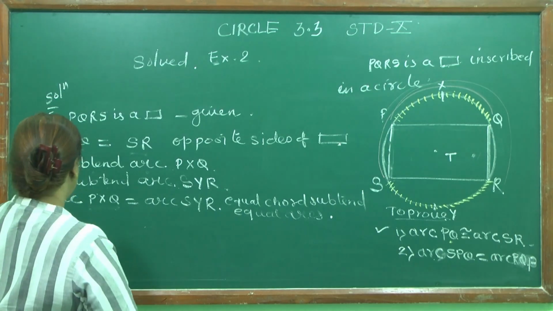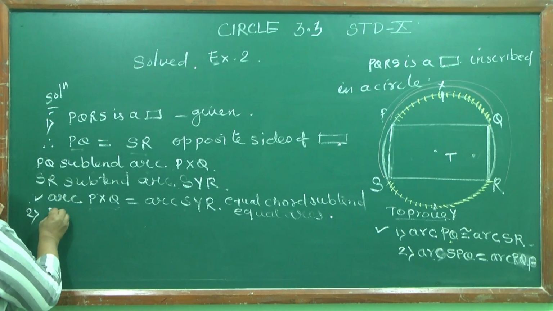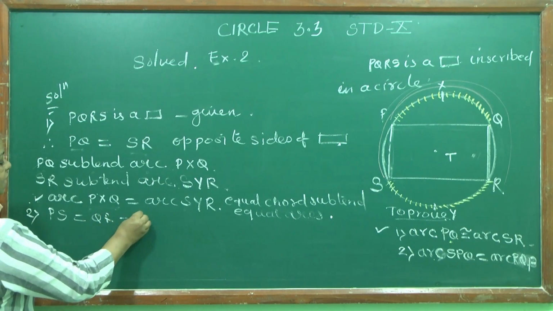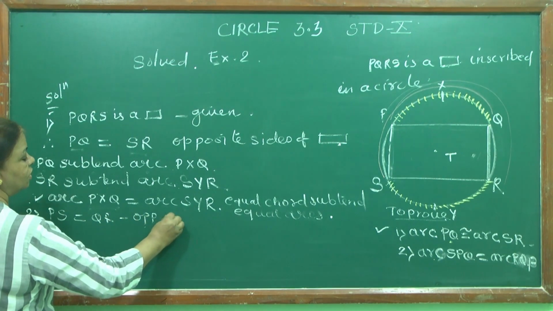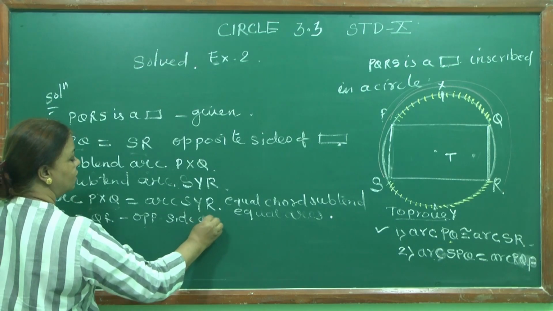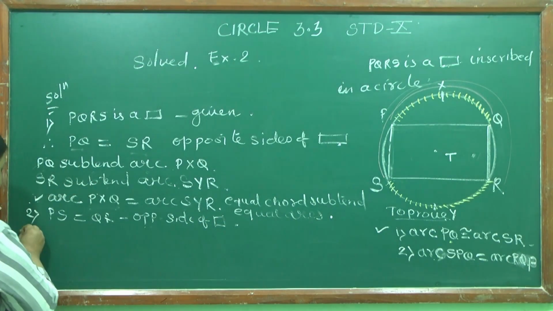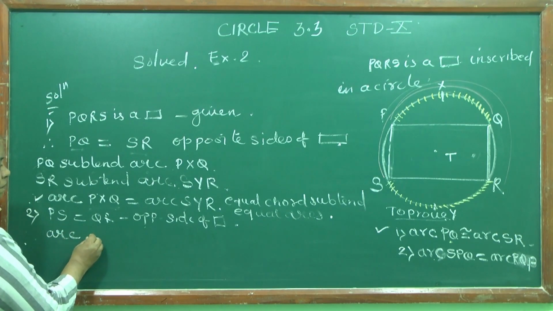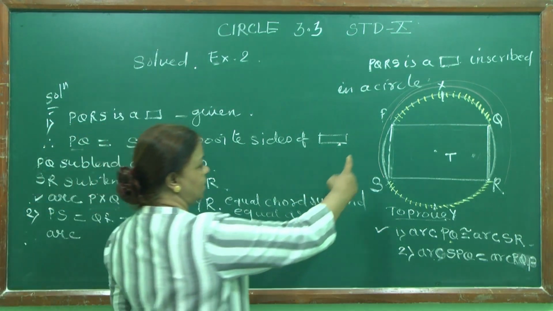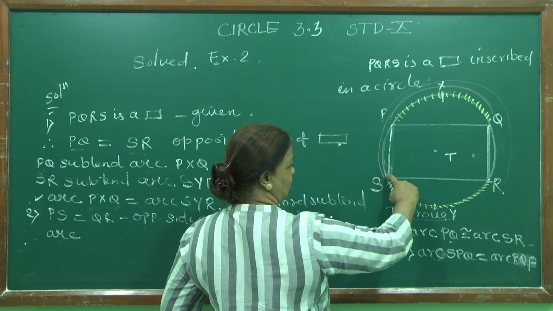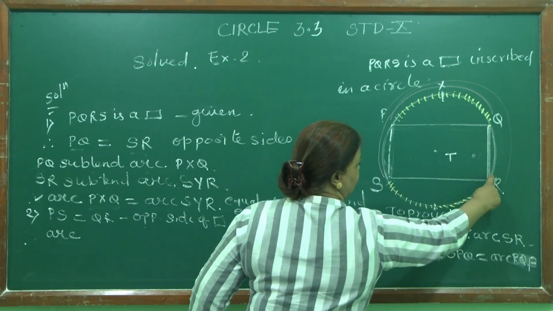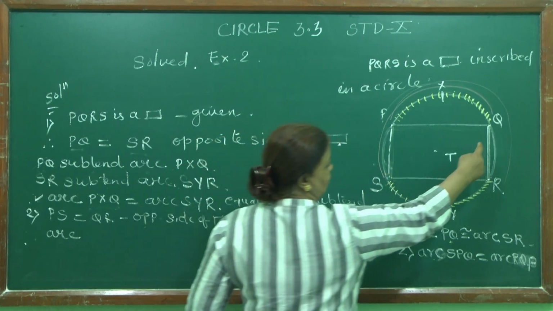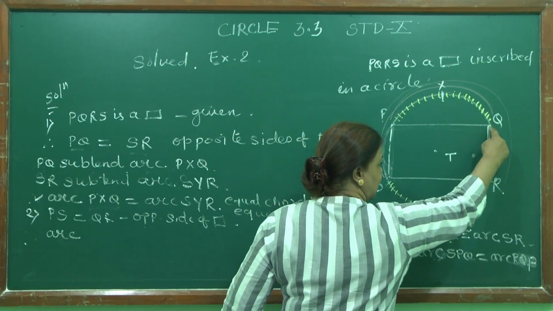So we can say side PS is equal to side QR, reason opposite sides of a rectangle are equal, and therefore arc PS is equal to arc QR, because PS is subtending arc PS and QR side is subtending arc QR.